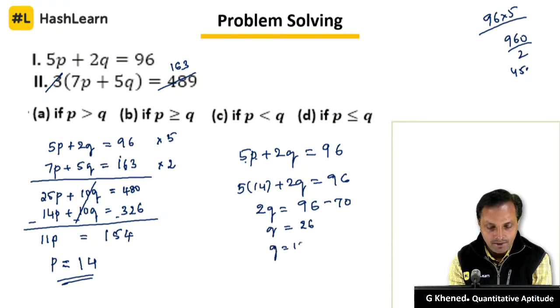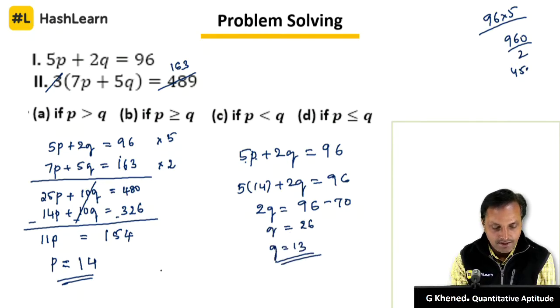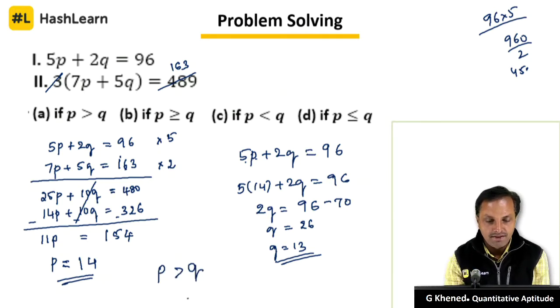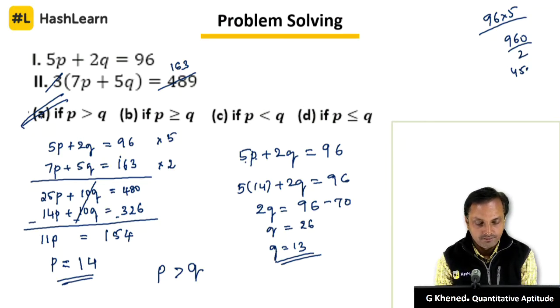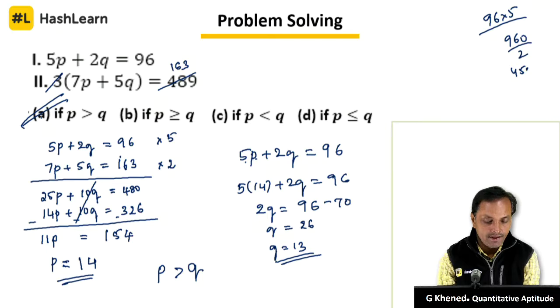So the value of q will be 13. So you can say that p is greater than q. Which option? p is greater than q. 14 and 13 are the values of p and q, where p is greater than q.